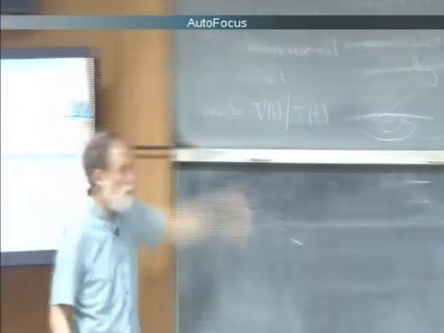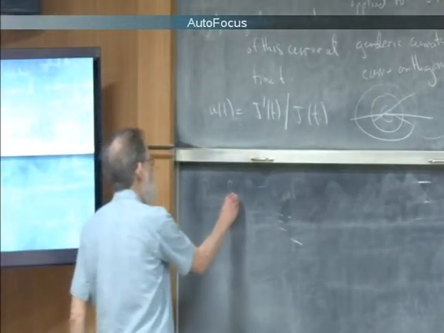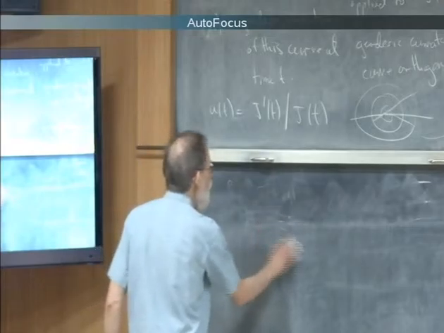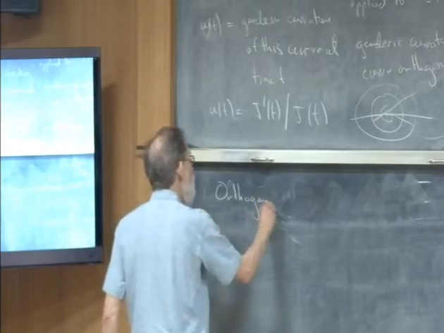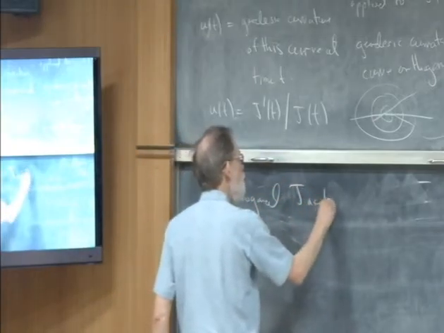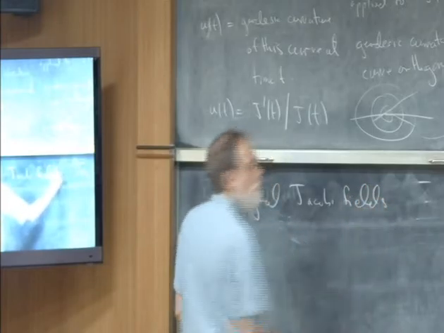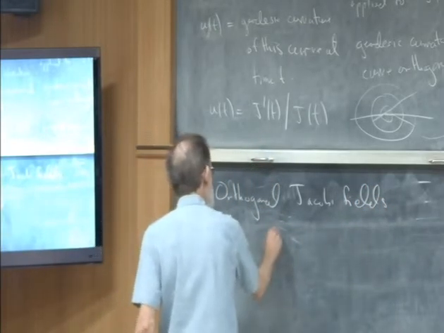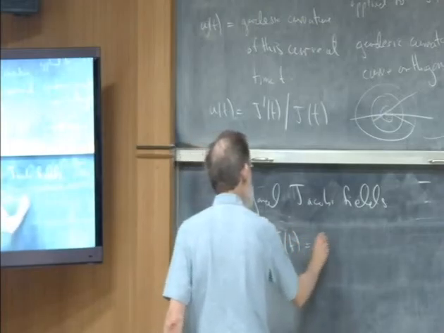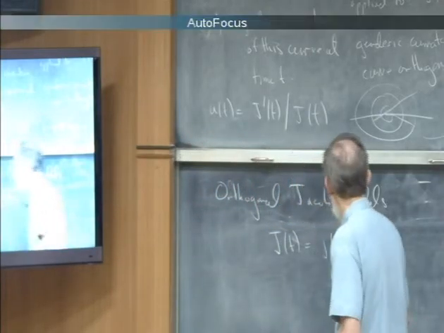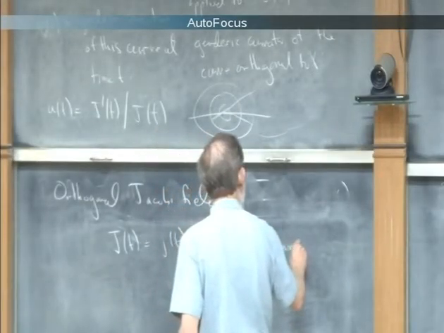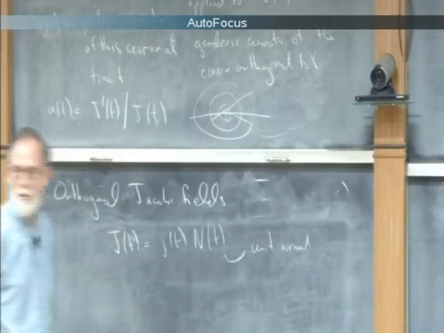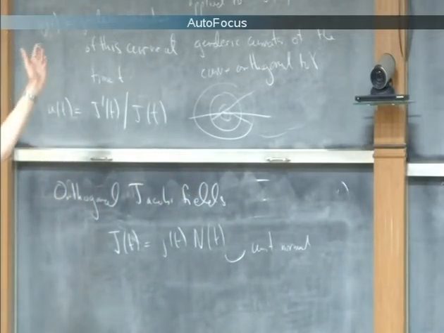Anyway, if you take this and the Jacobi equation, I'm thinking about orthogonal Jacobi fields. I can write my orthogonal Jacobi field J of t as little j of t times a unit normal, which will just be the unit tangent vector to the curve perpendicular to the geodesics.